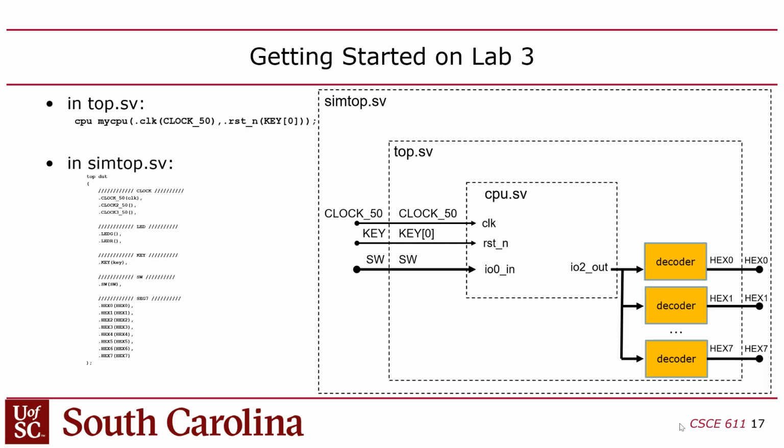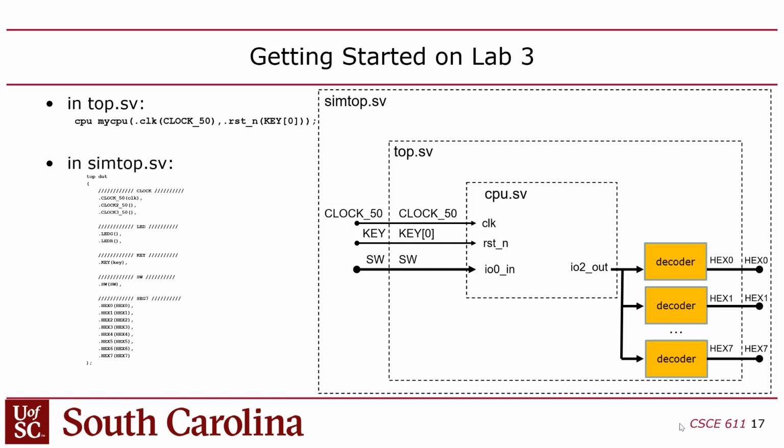You'll have a 32-bit output coming out of the CPU, which you'll feed into the decoders 4 bits at a time, but that'll happen inside top.sv. If you really want, you can push those into the CPU too, but then you're going to have 56 bits coming out of the CPU going directly to the hex, right?